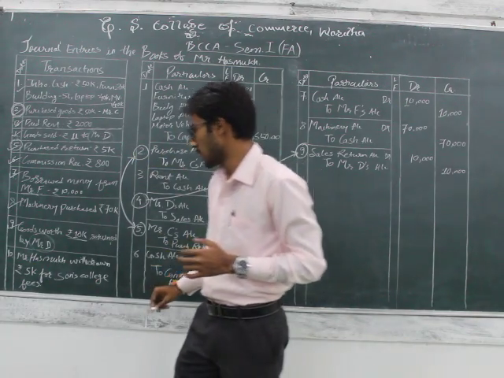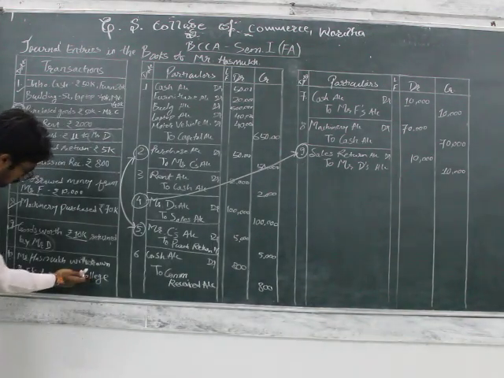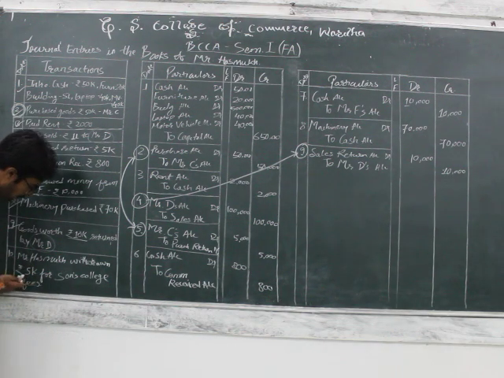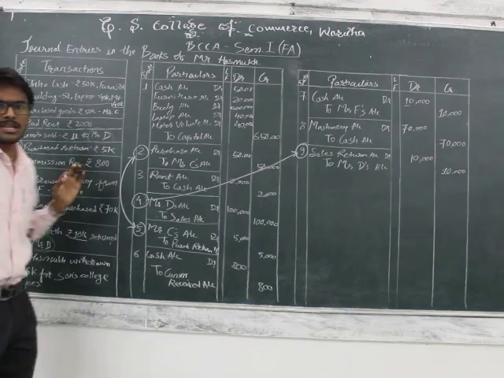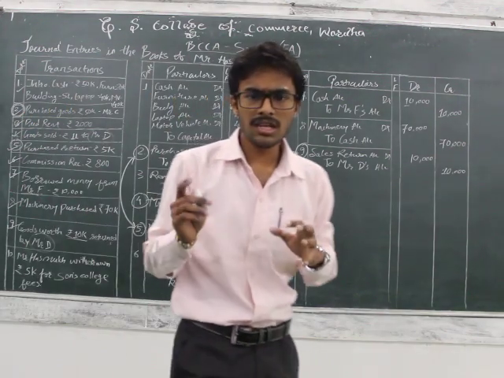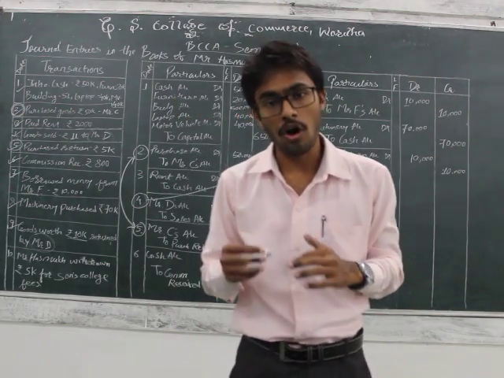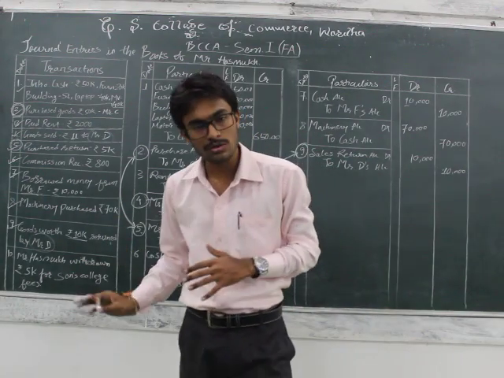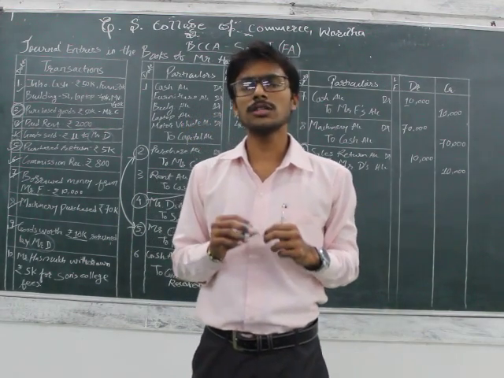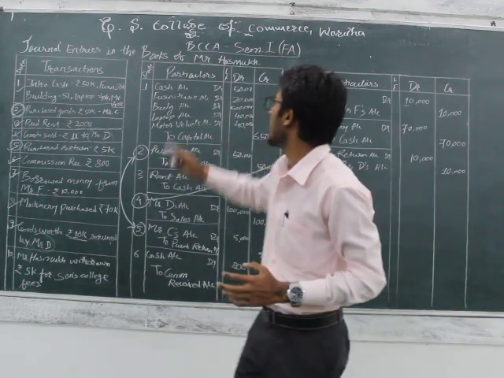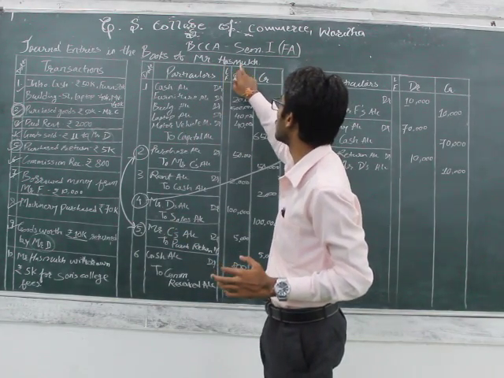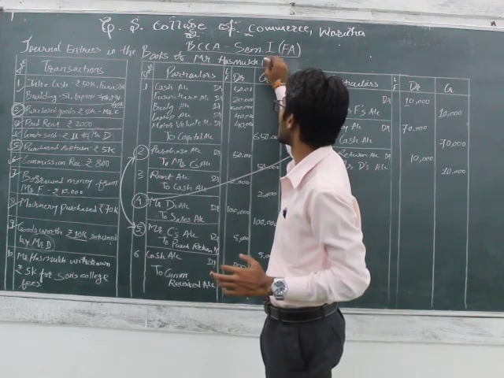Mr. Hasmukh withdrew rupees 5,000 for his son's college fees. Mr. Hasmukh has withdrawn rupees 5,000 for his son's college fees, and we have to record the transaction in the books of Mr. Hasmukh's business.